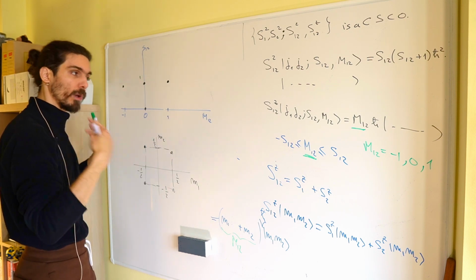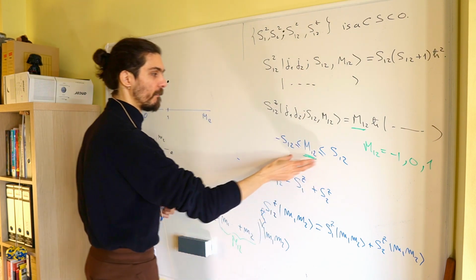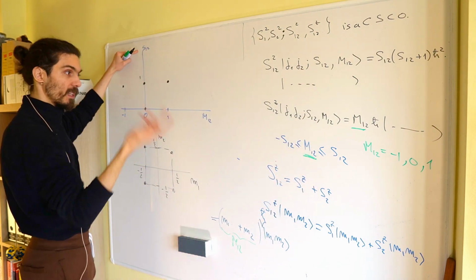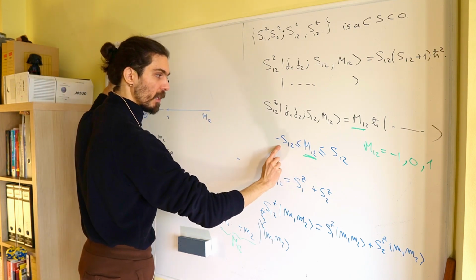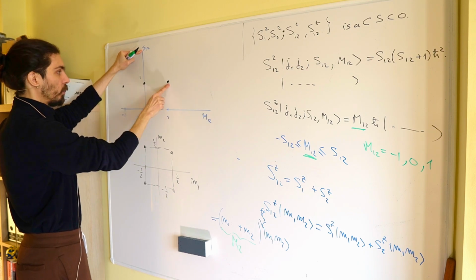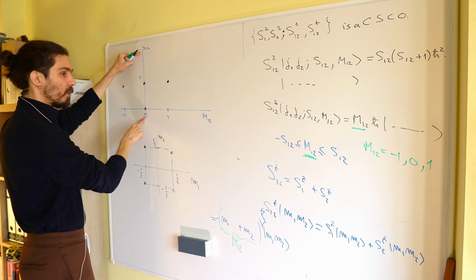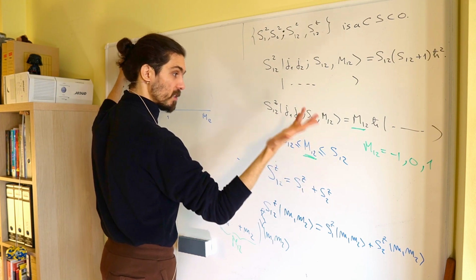I'm trying to guess from each one of these values what S12 must be. Notice that you can now check it: if S12 is equal to 1, then M12 is between minus 1 and 1. Well, that's true. It's here: minus 1, 0, and 1. If S12 is 0, then M12 is between minus 0 and 0, which means that M12 is exactly 0.